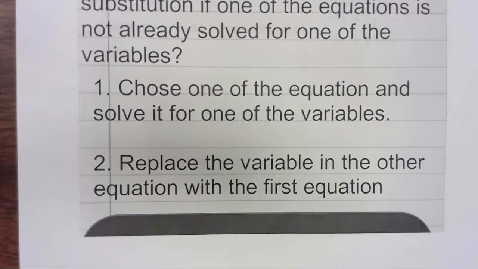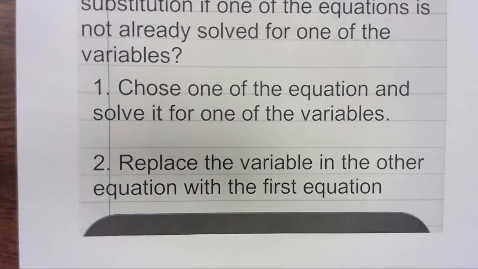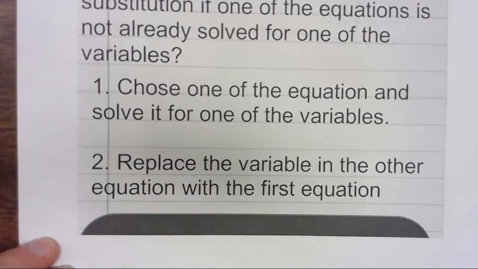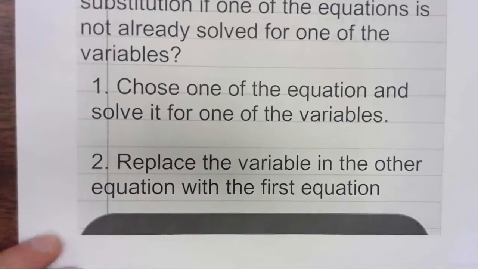That's the easiest one to pick. And then you're going to do it as we always do. We're going to replace the variable in the other equation with the first equation, which is exactly what we did yesterday. Okay, so let's try. Pause it and take notes, and when you're done, let's keep going.